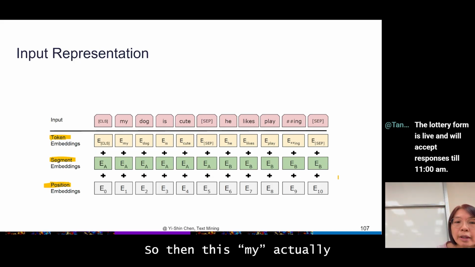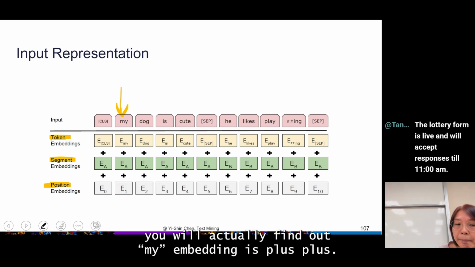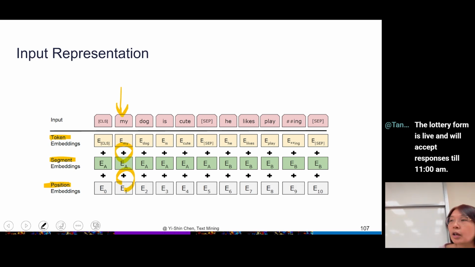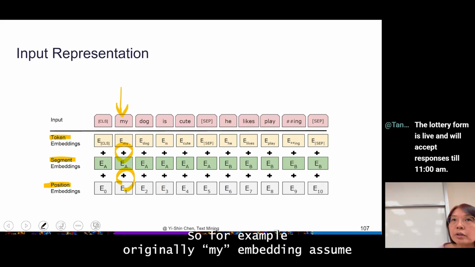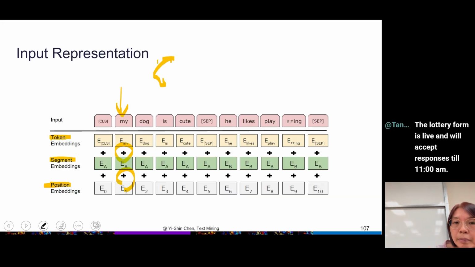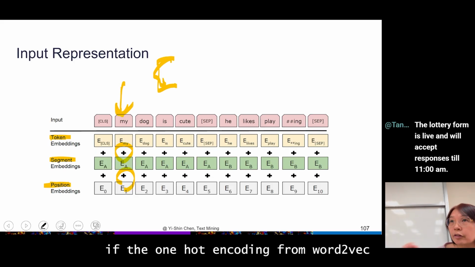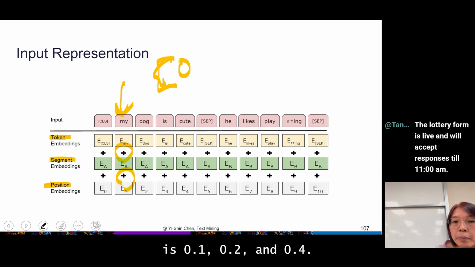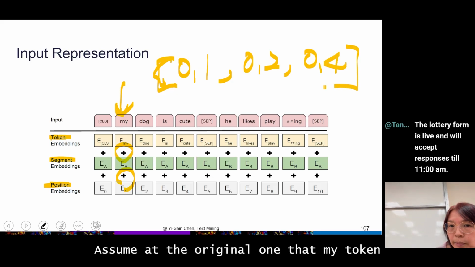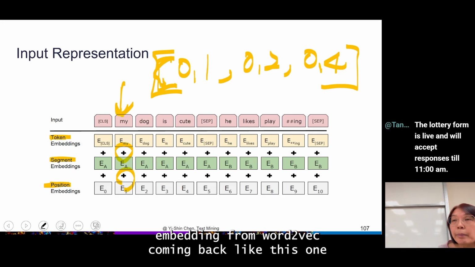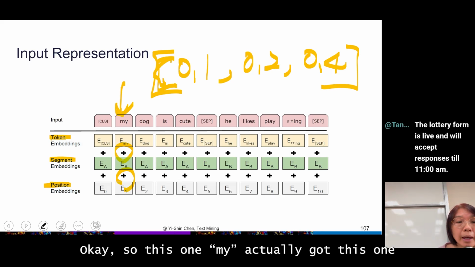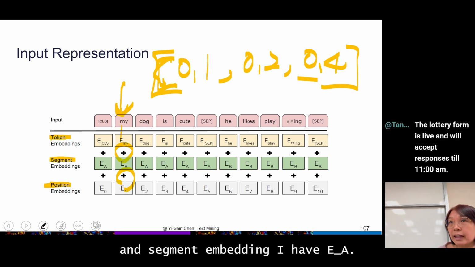Okay, so then in this, you will find out my embedding is plus plus. So for example, originally assume the one-hot encoding from word2vec is 0.1, 0.2, and 0.4, and assume that my token embedding from word2vec comes back like this. And for the segment embedding, I have EA.